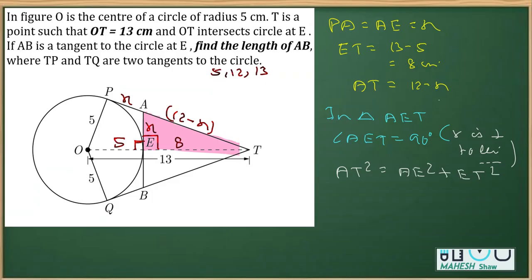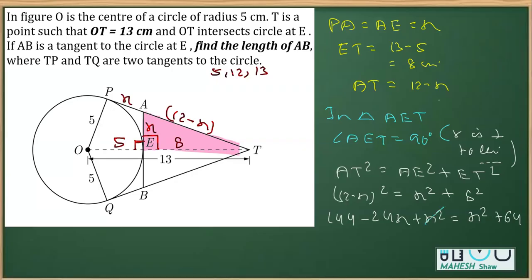So AT, which is 12 minus X whole square, AE, which I can see from the figure is X square, and ET, that length is 8. Now, applying (a minus b) whole square, a square is 12 square, 144, minus 2 times a into b is 24X plus X square. On the other side, we have X square and 8 square as 64.